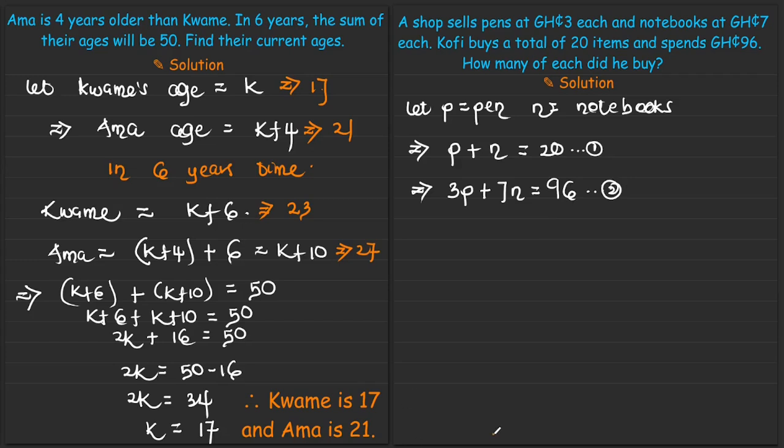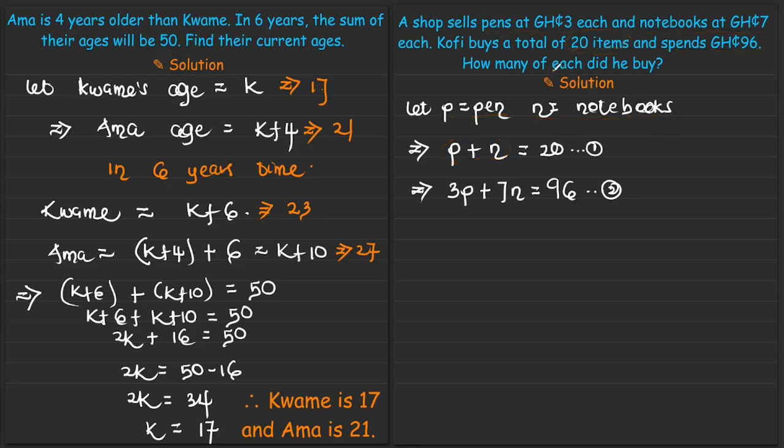So let me quickly go over once again. It says a shop sells a pen at 3 cedis each, and a notebook at 7 cedis each. Kofi buys a total of 20 items, and he ends up spending 96 cedis. And we are saying let P be pens, and N be notebooks. So the number of pens and the number of notebooks in total gives us 20 because we're told he bought 20 items.